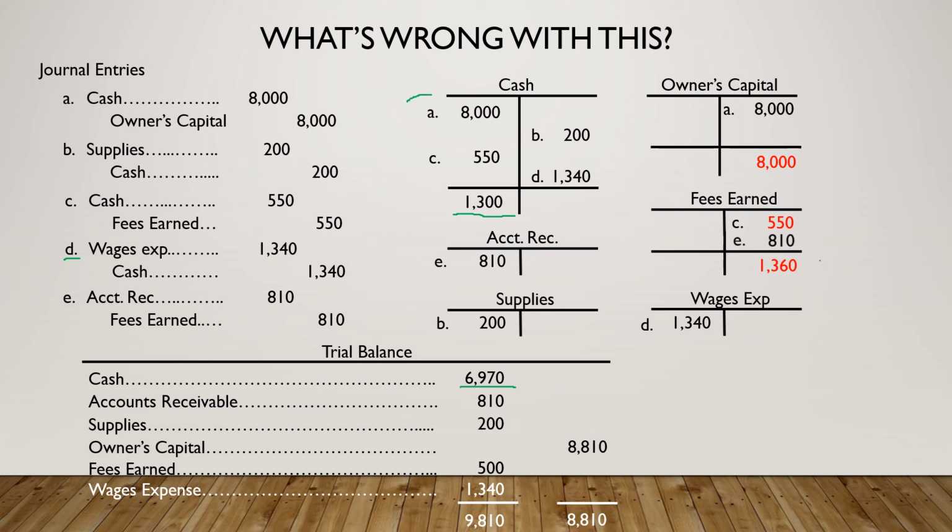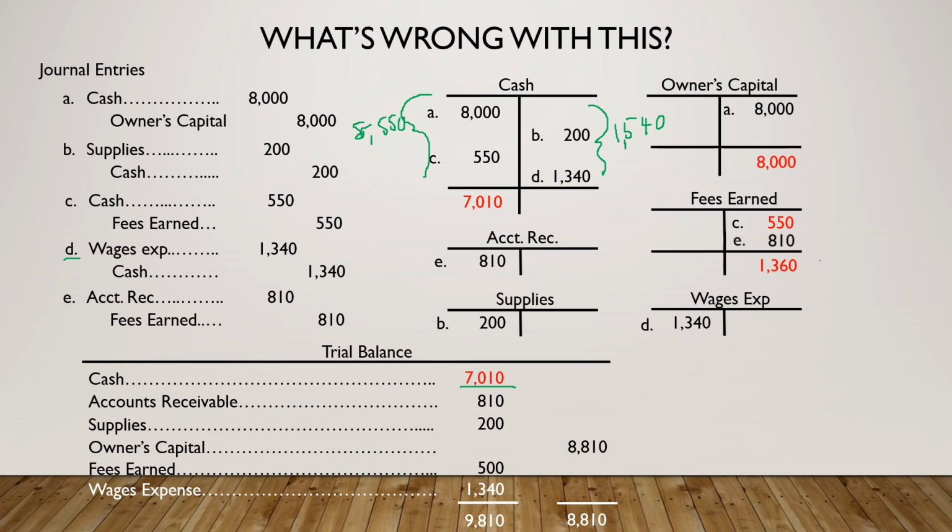So cash has a total debit of $8,550 and a total credit of $1,540. So you take the difference between those two, and cash should have a debit balance of $7,010. So that's the balance we should have down here in our trial balance.